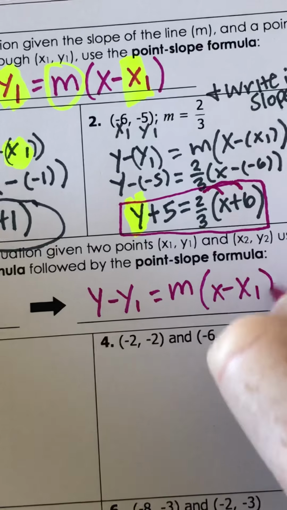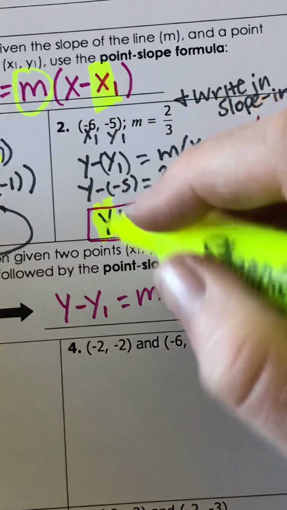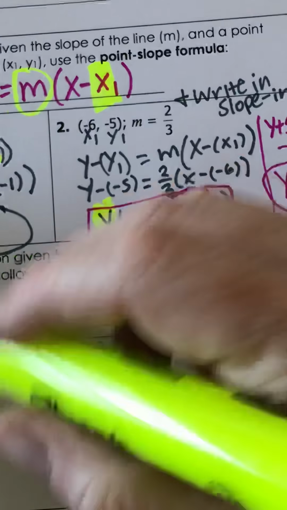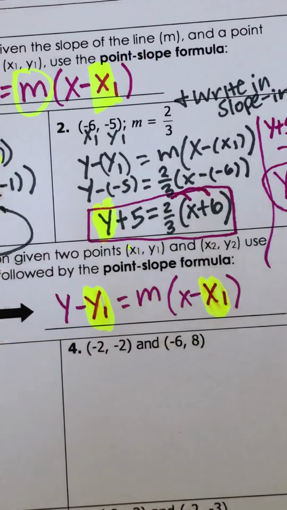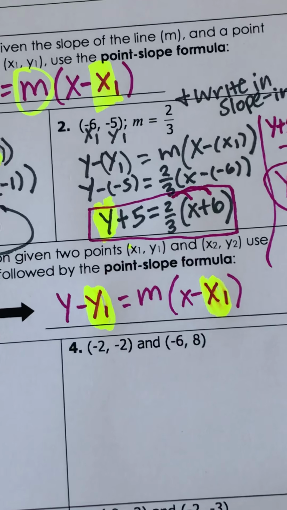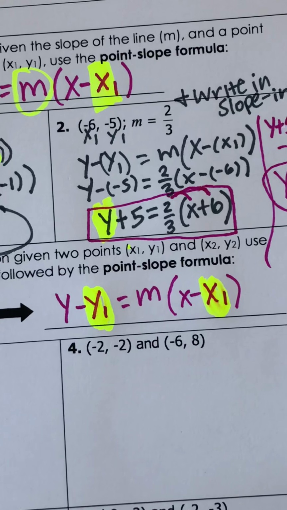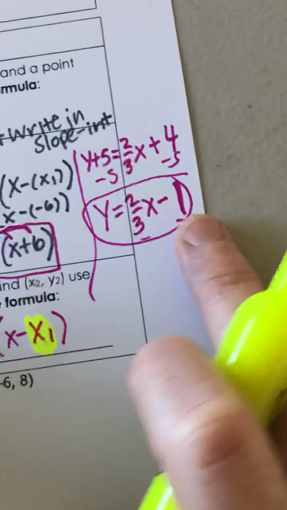Okay, so the thing with this is, yes, you are given 2 points to find the slope, but you're only plugging one of the points in here. So there's technically 2 correct answers to each of these, okay? But if we went and changed them to slope-intercept form, they would be the same, okay?